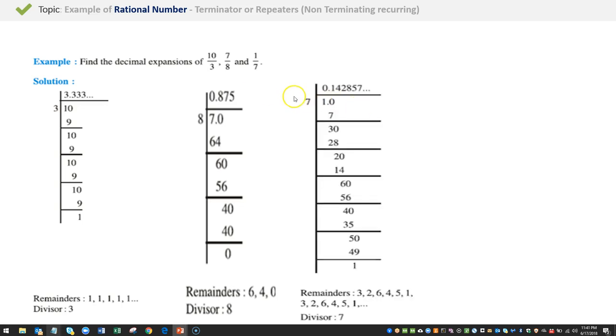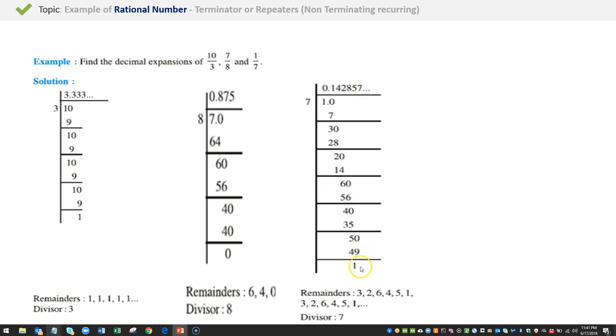Let's take another example, 1 by 7. When you try to divide them, you will see the decimal values don't stop. However, you will see the remainders and the decimal values will repeat after a certain point.